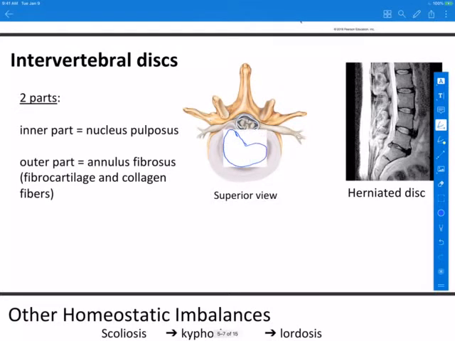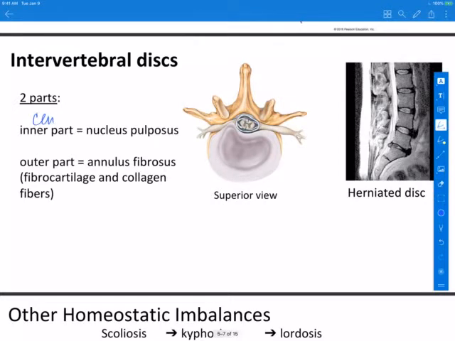It's this area here in the very center. And the nucleus pulposus acts kind of like a rubber ball. It's a great shock absorber because the nucleus pulposus is made up of a gelatinous substance that makes it more elastic and compressible like a rubber ball. That's in the very center.